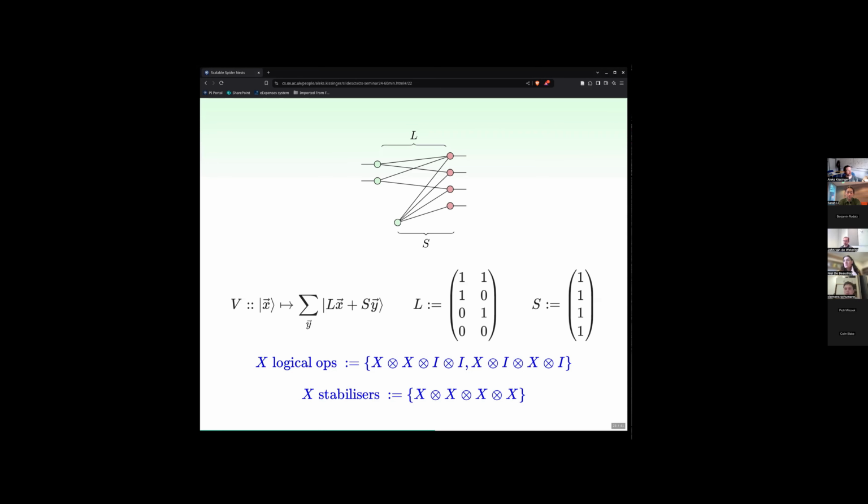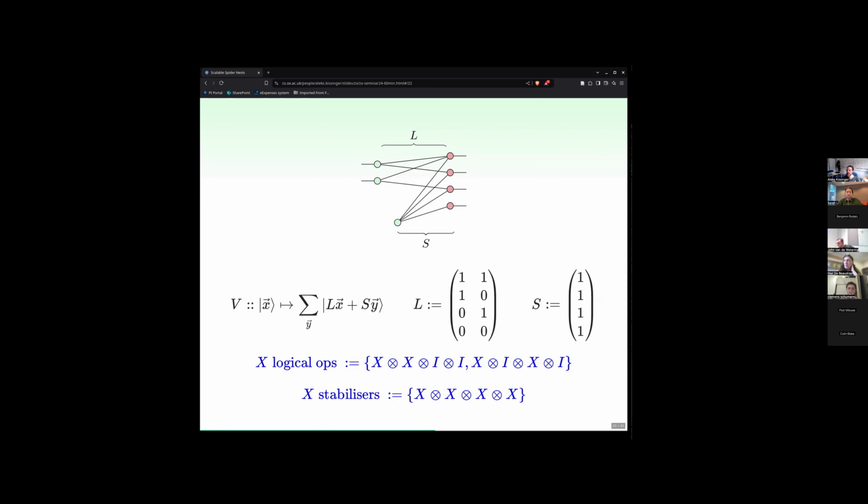One thing you can do is write that as a CSS code followed by a diagonal unitary. This is possible for any stabilizer code: I can write it first as a CSS part and then a diagonal unitary. Both of these parts, I can write in scalable notation.